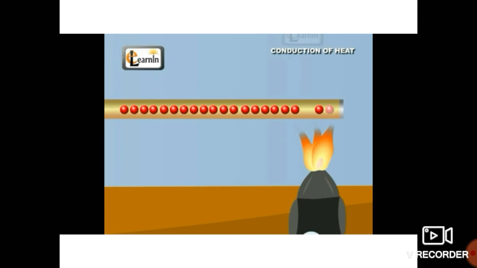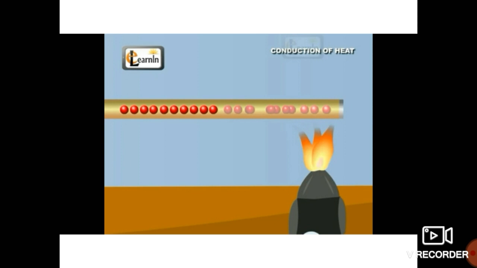This iron rod possesses molecules which are very closely packed, touching one another. When heat is supplied to one end of the rod, the molecules absorb that heat and begin to vibrate vigorously.